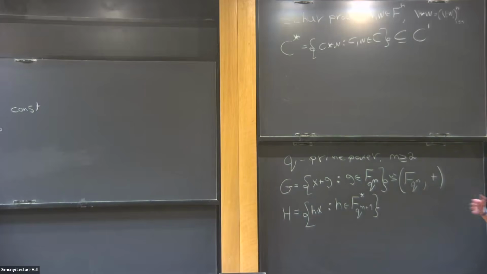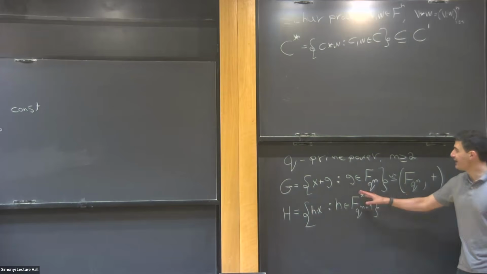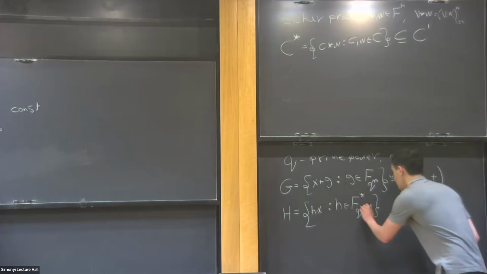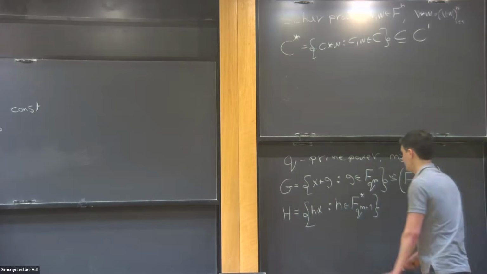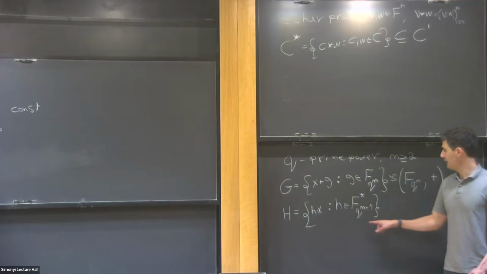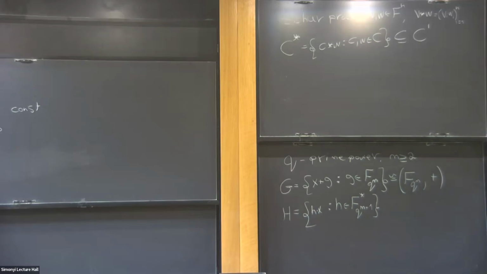In the paper we define something more general and give two instantiations of the construction. Here I give maybe the cleaner instantiation, so just all scaling by elements from the multiplicative group of this field.